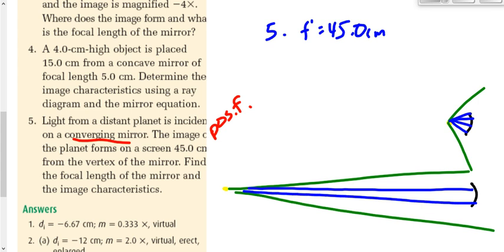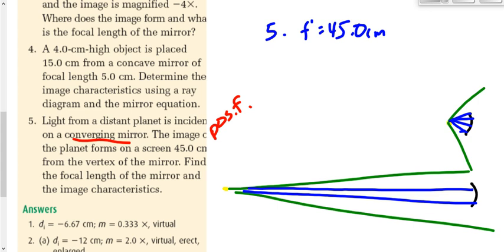What do you notice about those blue rays this time versus last time? There's less of them because the ones that go at these big angles just skip the mirror, right? In other words, the rays of light that actually hit the mirror are closer to being parallel, right? The further away you are, the closer they are to being parallel.